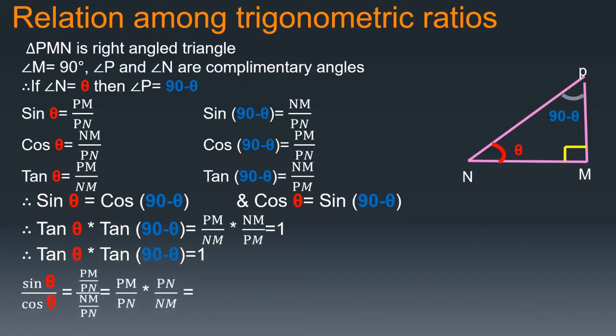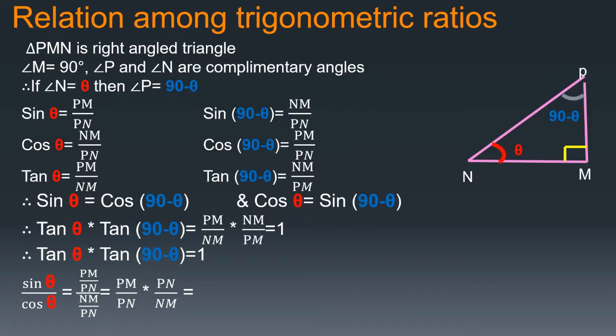Next is sin theta divided by cos theta. Now if we divide sin theta by cos theta, what do we get? Sin theta is Pm upon Pn, and if we divide it by cos theta, which is Nm upon Pn, we get Pm upon Pn divided by Nm upon Pn. When it is divided here and we take it above, it becomes multiplication and it will be the reciprocal.